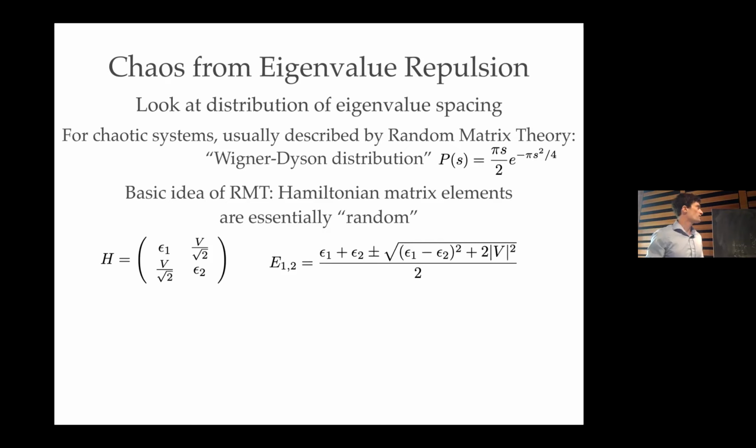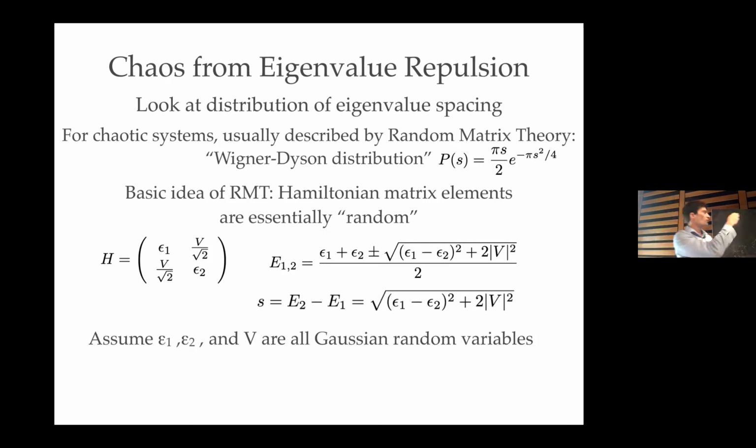You can easily calculate the eigenvalues of this 2x2 matrix, and what you care about is the spacing, which in this case is just the difference between them. And then if you assume that all 3 of these parameters, epsilon 1, epsilon 2, and v, are drawn from random Gaussian distributions, then you can do a little bit of work and read off what the distribution of the eigenvalue spacings are. Okay, and this is where the Wigner-Dyson distribution comes from.